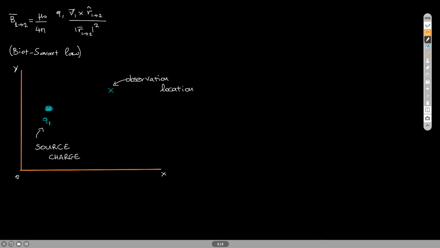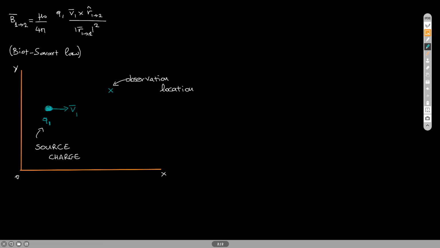This V1 is the velocity of the charge that creates the magnetic field. So V1 is the velocity of the source charge. Let's draw that. Let's say that the source charge is moving this way. V1, that's the velocity you need here in the expression for the magnetic field of a single charge.